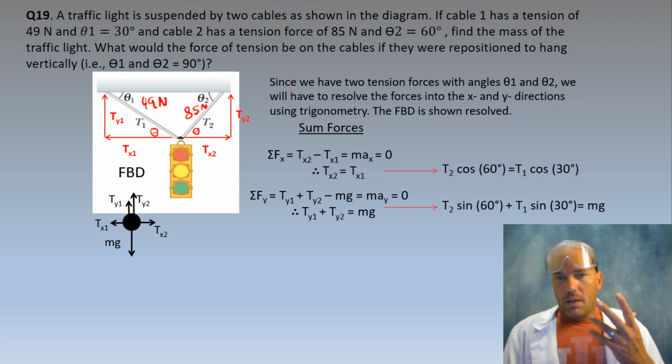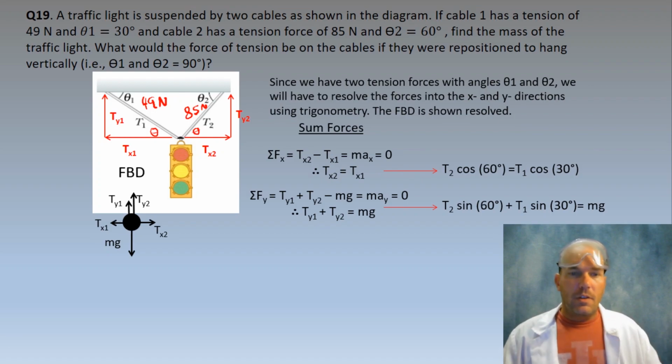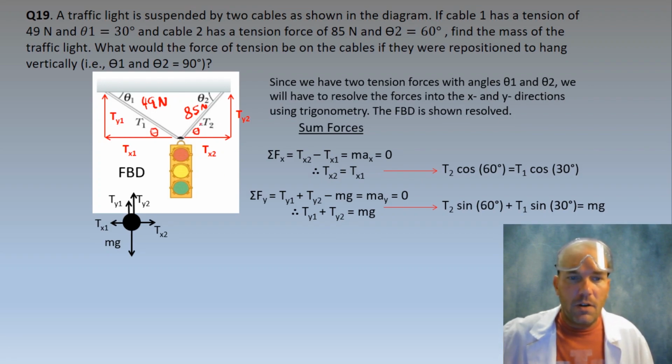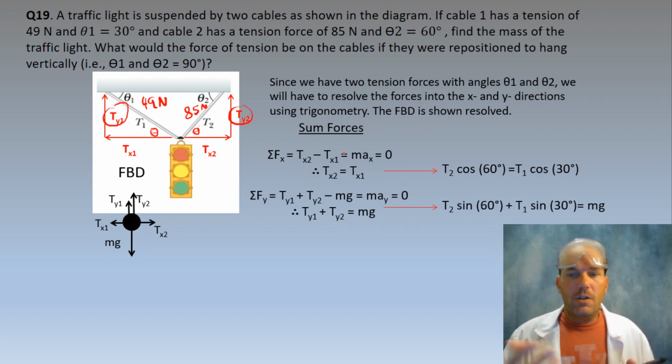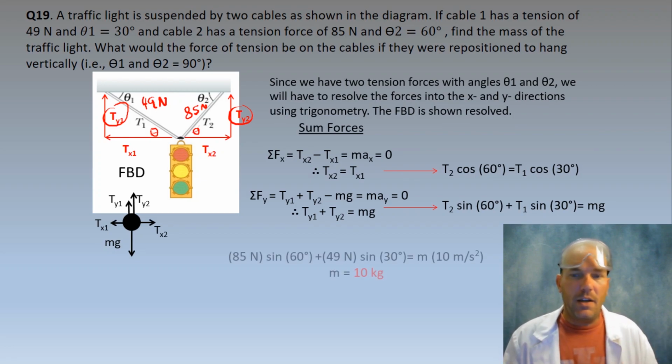All right. Same with vertical. We're looking at the opposite of the angles, theta 1 and theta 2. So the sine function works in this case, and we're able to put the trig in there.